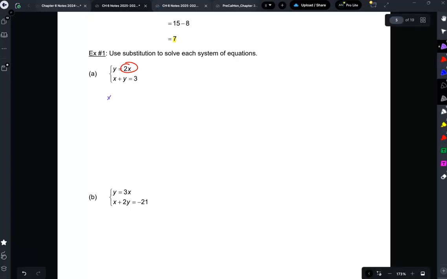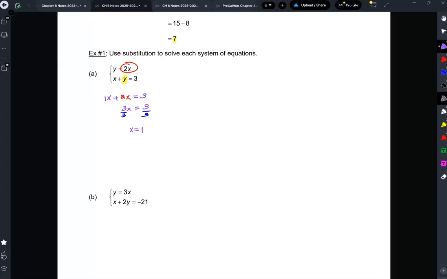I have x plus, now here I have y. But in the step above, what did it tell me y was? 2x. So here I put 2x is equal to 3. And now I combine like terms, right? So here I have 1x plus 2x is 3x is equal to 3. And then divide by 3, divide by 3. X is equal to 1.